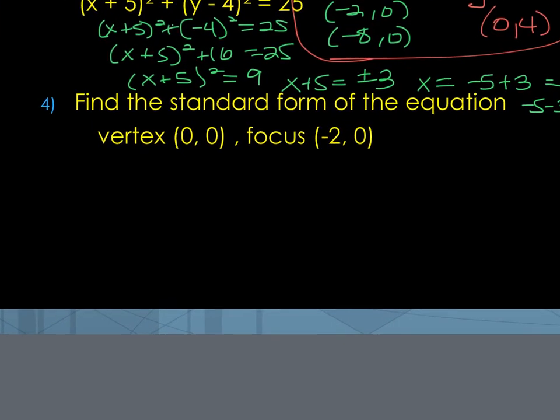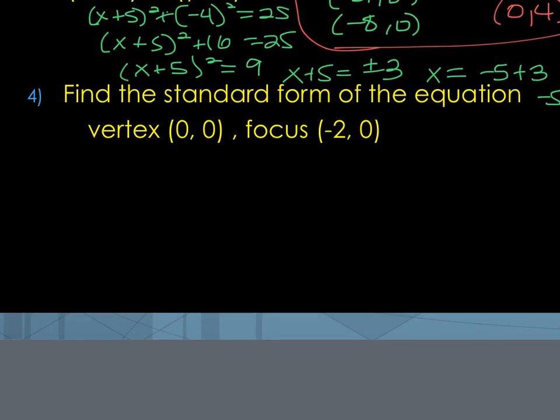And 4, write the standard form of the equation, vertex at 0, 0, focus at negative 2, 0. So now we've started to talk about parabolas. So yesterday I suggested giving yourself a visual. So if my vertex is at 0, 0 and my focus is at negative 2, 0, what direction is this parabola pointing? To the left, which means it is a y squared.